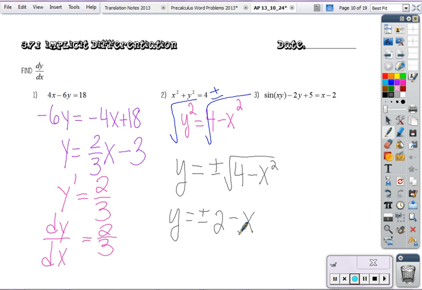Square root of negative x. Okay, I'm hearing a little bit of mumbling. Ty, what about you? Wow, that's really good. The way you explained that is actually really nice.